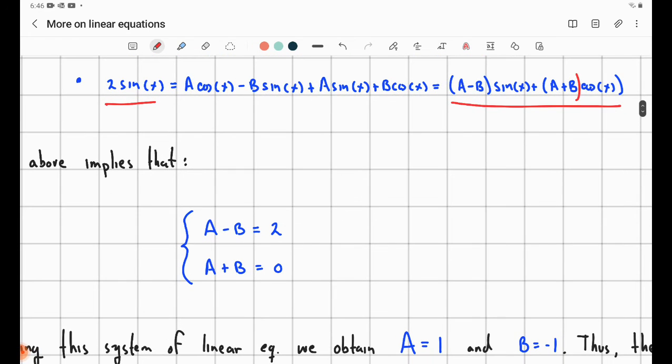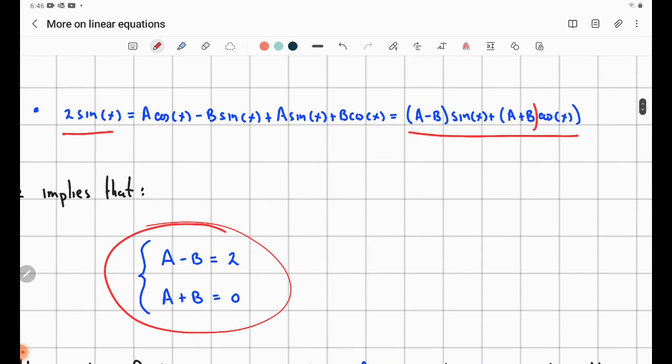The restrictions are given by this linear system of equations. The coefficient of the sine function needs to be equal to 2, and the coefficient of the cosine function needs to be equal to 0, because we don't have any cosine function on the left-hand side of our equation.